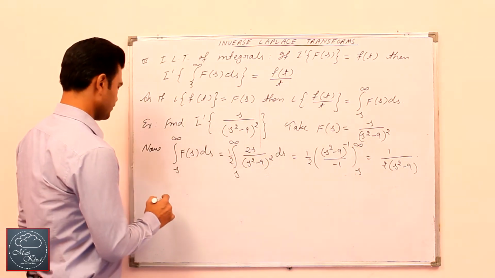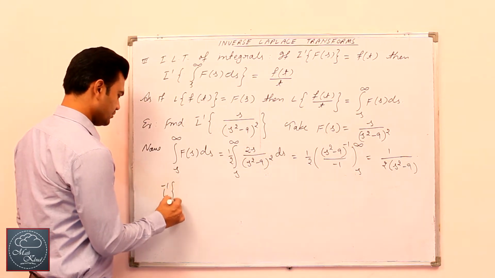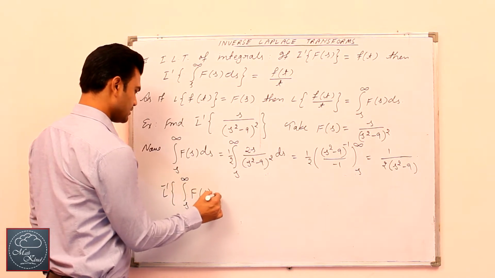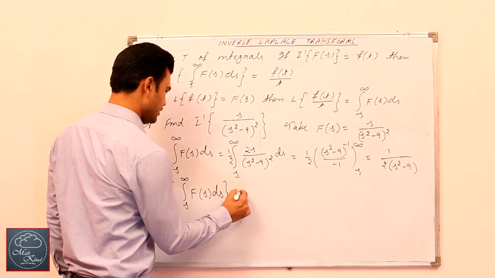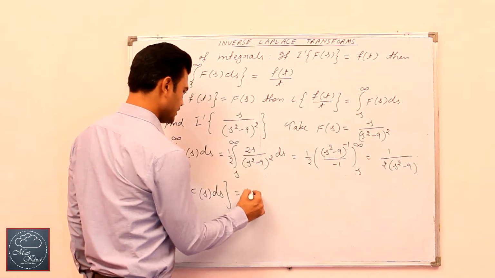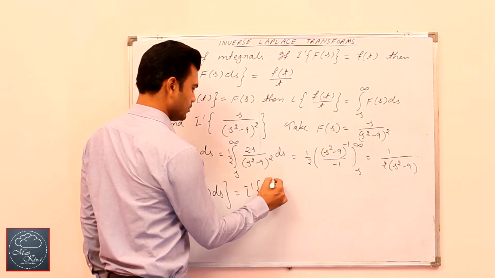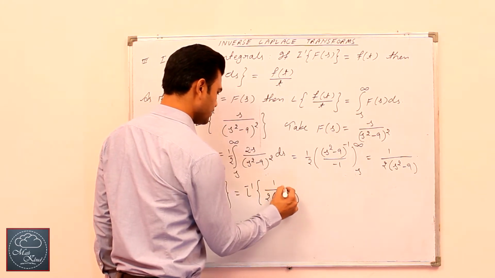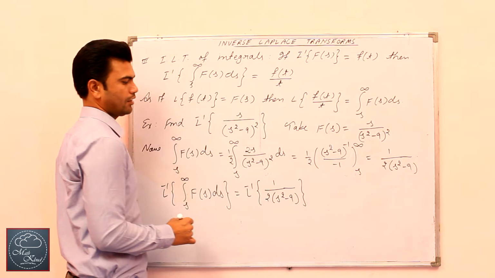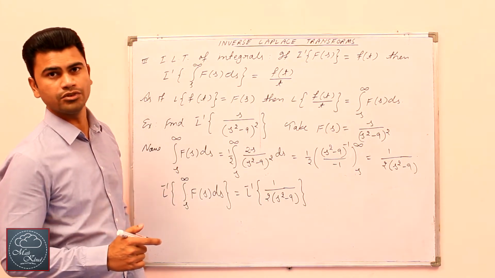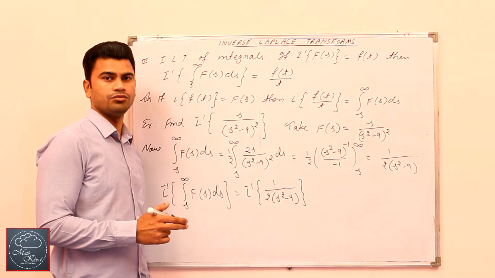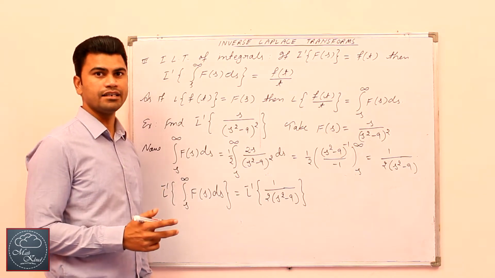So therefore, the inverse Laplace transform of the integral from s to infinity of f of s ds is equal to the inverse Laplace transform of 1 by 2 (s square minus 9). And you have a standard formula of inverse Laplace transform of a over s square minus a square.